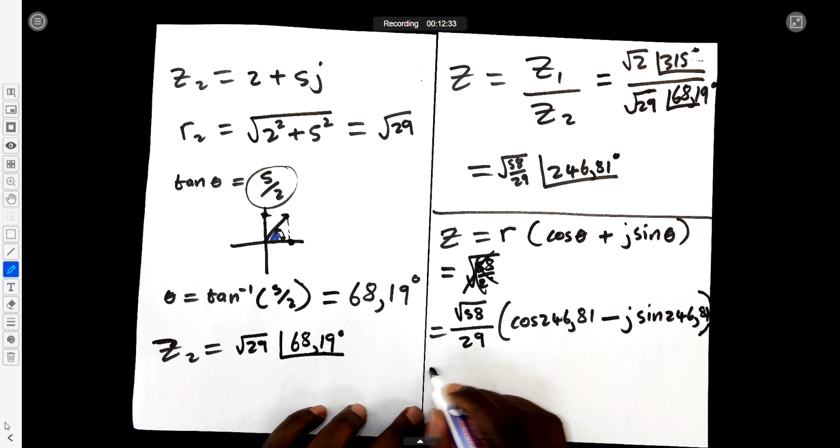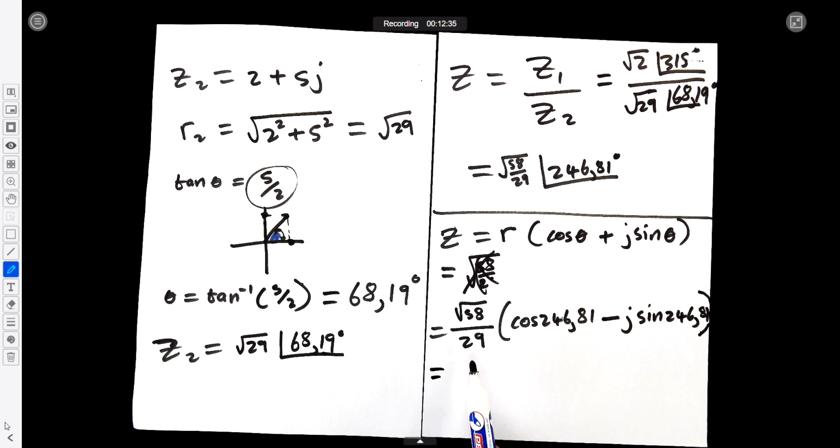So you are going to say root 58 over 29 times cos 246.81 and state the answer.